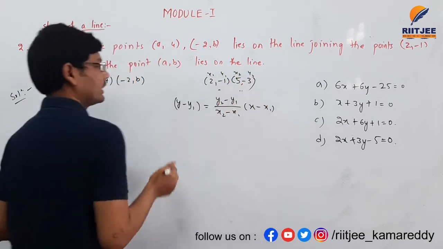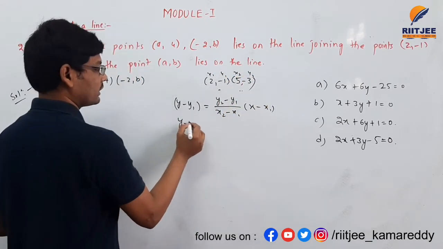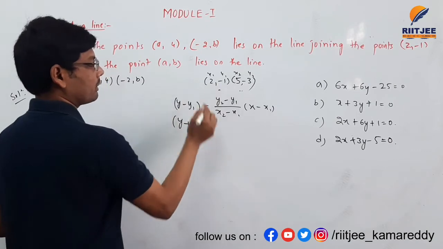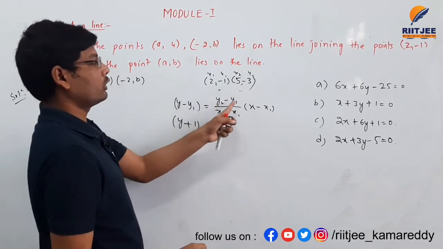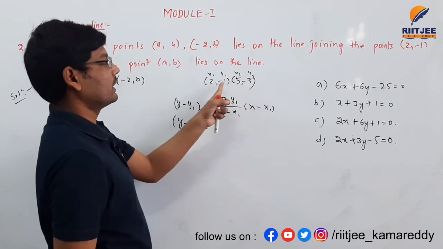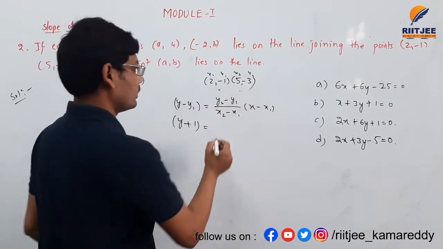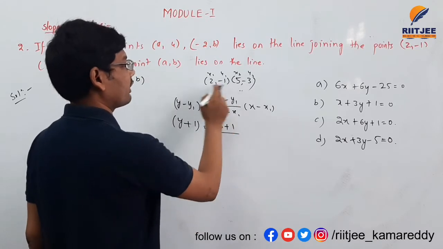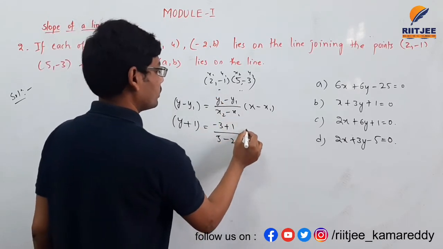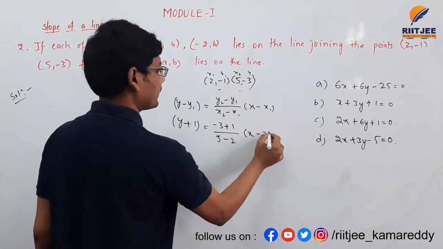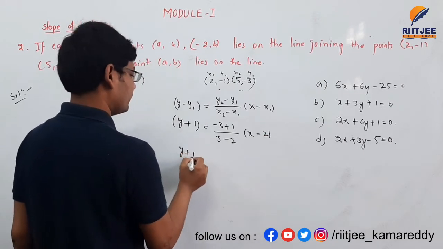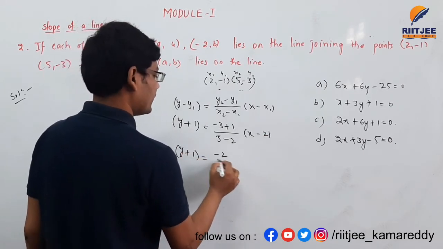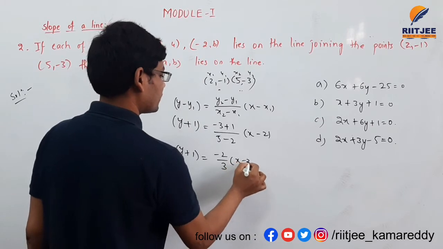Let's substitute the values here. y minus of minus is y + 1. Then y2 - y1, -3 + 1, divided by x2 - x1, 5 - 2. So x - x1 is x - 2. So y + 1 = -2/3 into (x - 2).